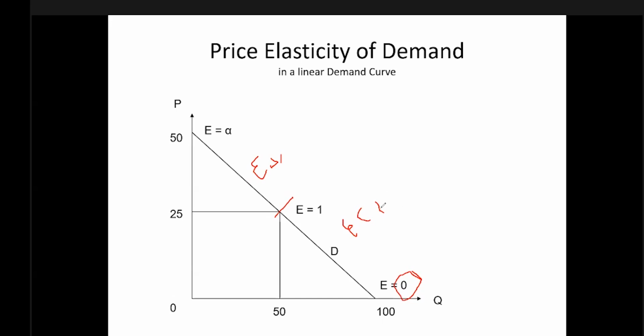If it is less than 1, we say inelastic. If it is equal to 1, we say unitary. If it is greater than 1, we say elastic. If it is infinity, we say perfectly elastic, or closer to infinity, a bigger number, we say it is elastic.